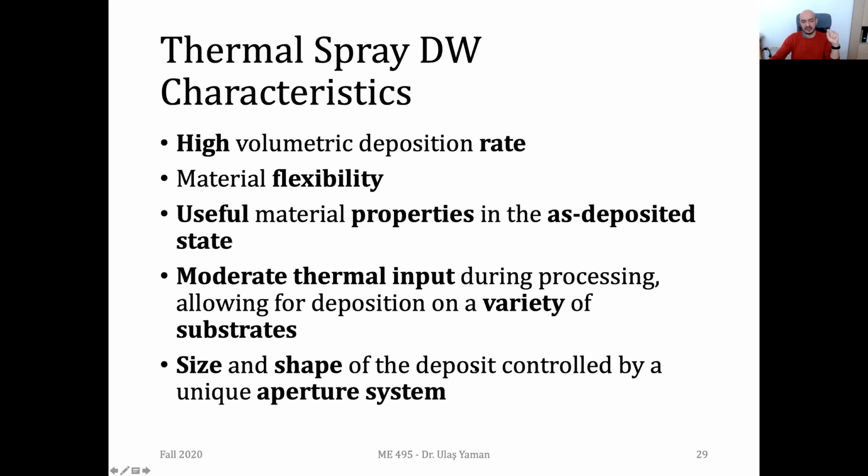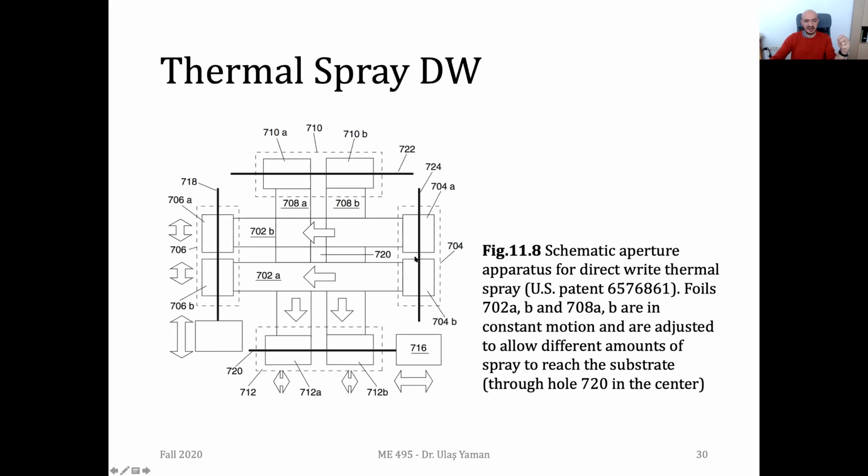How can you do it? You may use a special system. It's called an aperture system. So you have some opening. Actually, this is a gap where you can consider this one as a nozzle. You are depositing the material from this opening, and since these parts are moving, we can increase the size of this nozzle.